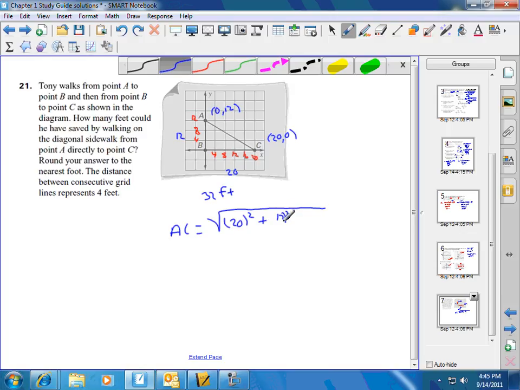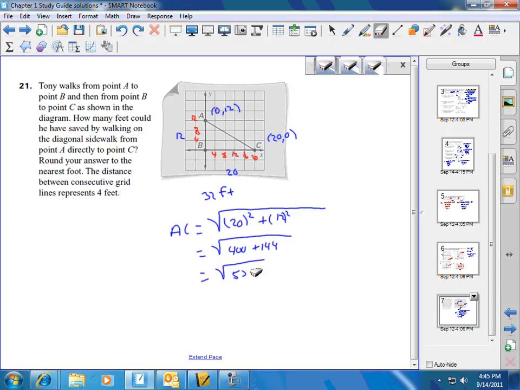Okay, so 20 squared is 400, and 12 squared is 144. So we have the square root of 544, which is equal to 23.32.